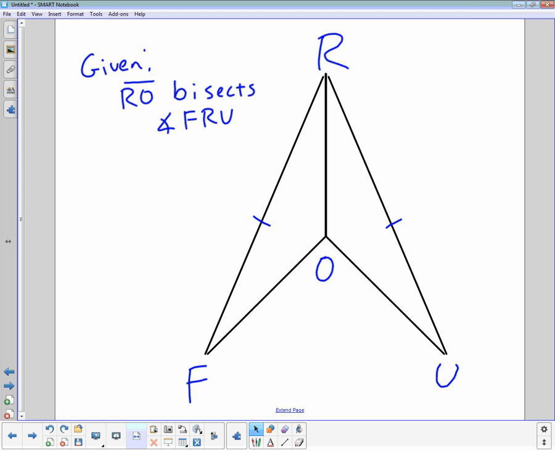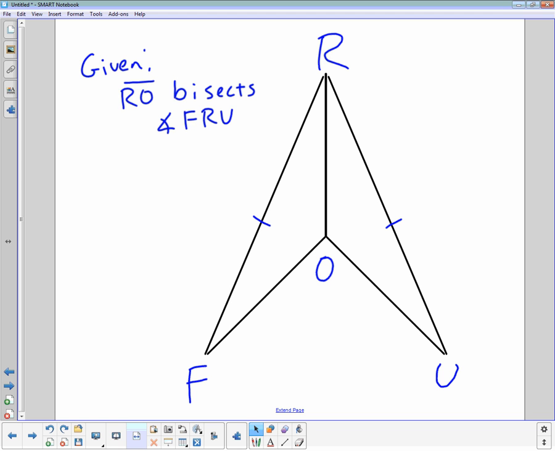Okay. Well, let's go into this one. Yeah, it's a U. They share a side, right? Okay, now that's interesting. That they share a side. So that RO side, right?